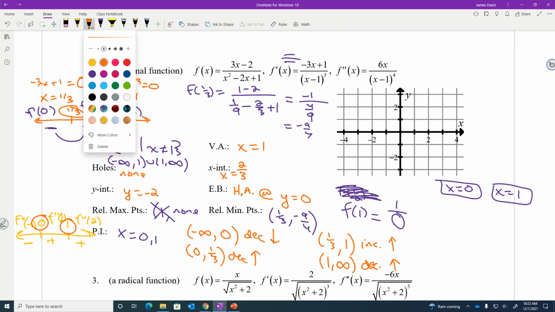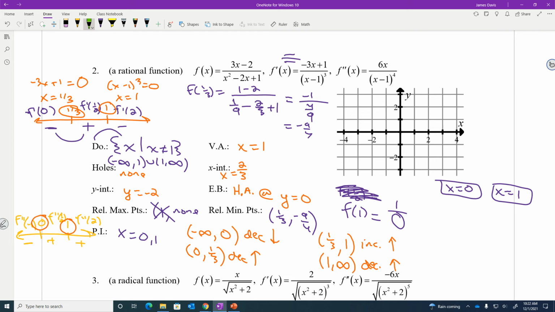And now let's go ahead and plot the things that we know here onto our graph. All right, so we have no holes. We do have a vertical asymptote at 1, so let's move that on. And we had a horizontal asymptote at 0. And we got x and y intercepts, so let's put those dots on. X-intercept is at 2/3, so about right here.